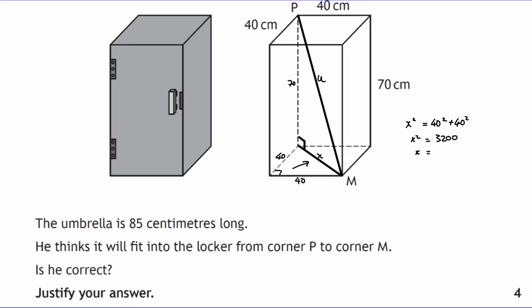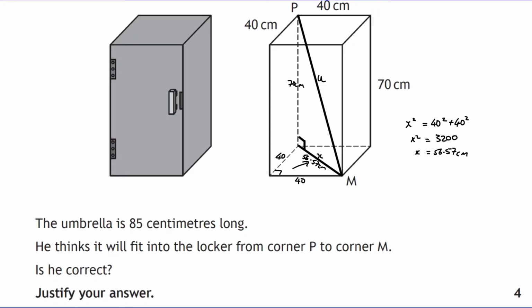That gives us 56.57 centimeters. So keep that as accurate as possible. Still got the answer in my calculator in case I need to use it again. So we're saying that this is now 56.57 centimeters.